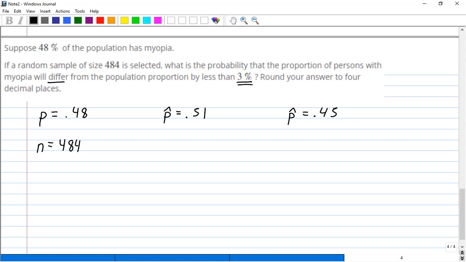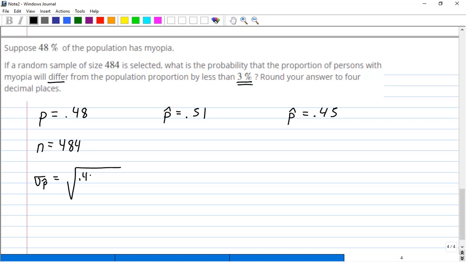The good news is, even though we do have to find two z-scores, we only have to find one standard deviation because we use the same standard deviation with both of these. So we need to find our sigma sub p-hat. Our sigma sub p-hat is going to be the square root of, and remember we always use the population proportion here.